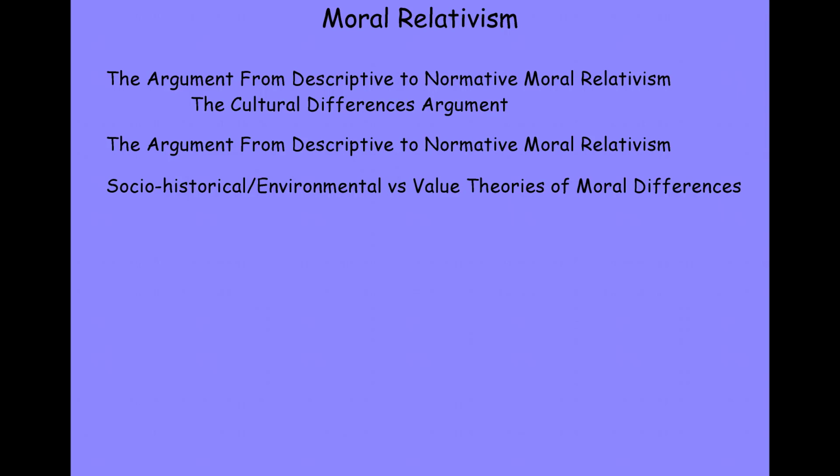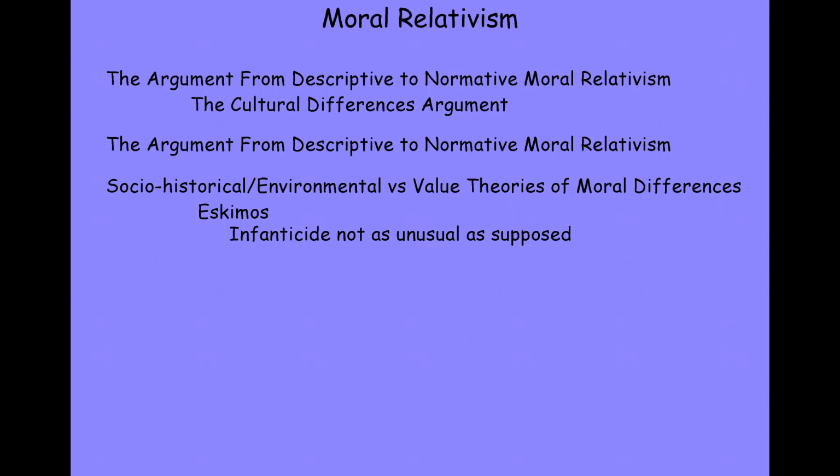So how does he do that? Well, he's going to look at socio-historical and environmental factors and look at their relationship to shared moral values in determining different moral codes or practices in the society. So he's going to look at those indigenous people that were once referred to as Eskimos as his primary example in this case. And he's going to focus in again on infanticide.